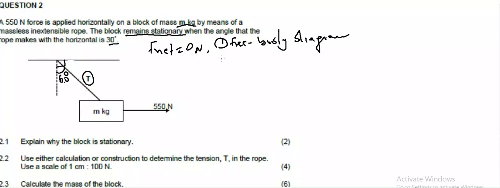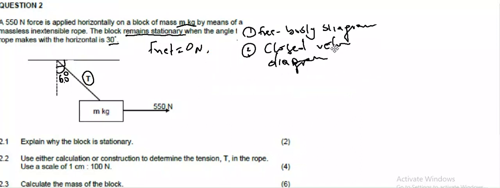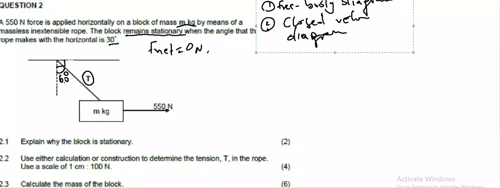Then step number 2, draw the closed vector diagram. So these are the steps that we need to follow when we are about to calculate whatever is asked in a question like this one. So let's start with step number 1. Let's draw the free body diagram.